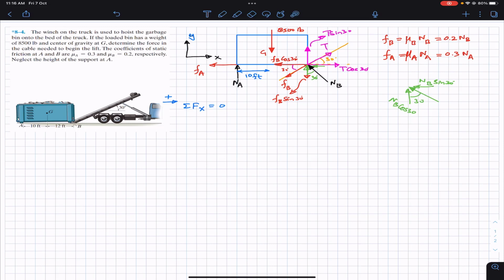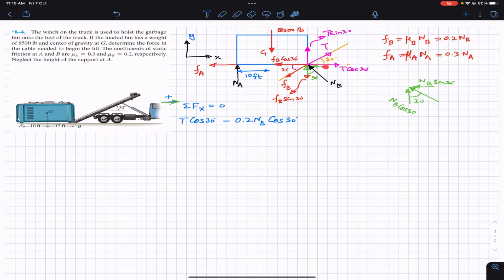So now we can apply the summation of forces along x. We have T cos of 30, which is going to act in the positive x direction. This is our positive direction, so I will write T cos of 30. Then we have this FB cos of 30, which is going to act in the negative direction, and we know that FB is 0.2 NB, so we will write minus 0.2 NB cos of 30.